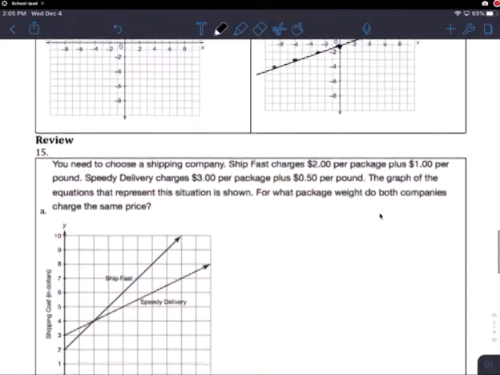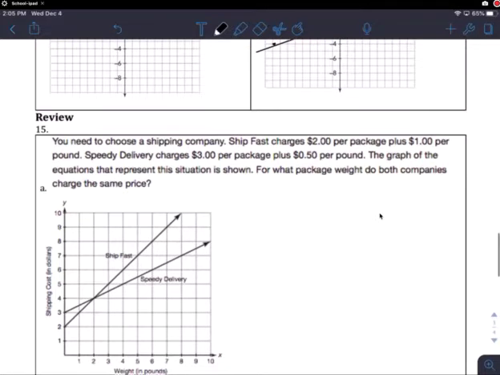Okay, for number 15, you should choose a shipping company. ShipFast charges $2 per package plus $1 per pound. So each package is a constant rate of $2. The only thing that changes is the $1 per pound. So it's depending on the pounds. So the independent variable is the number of pounds.